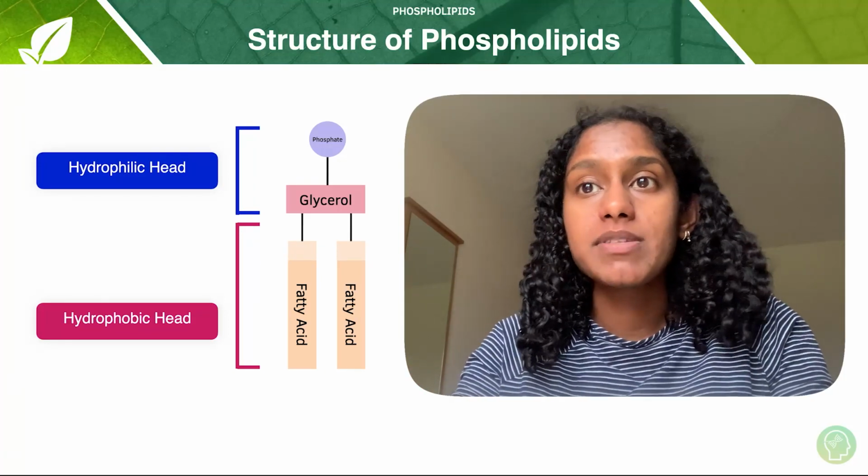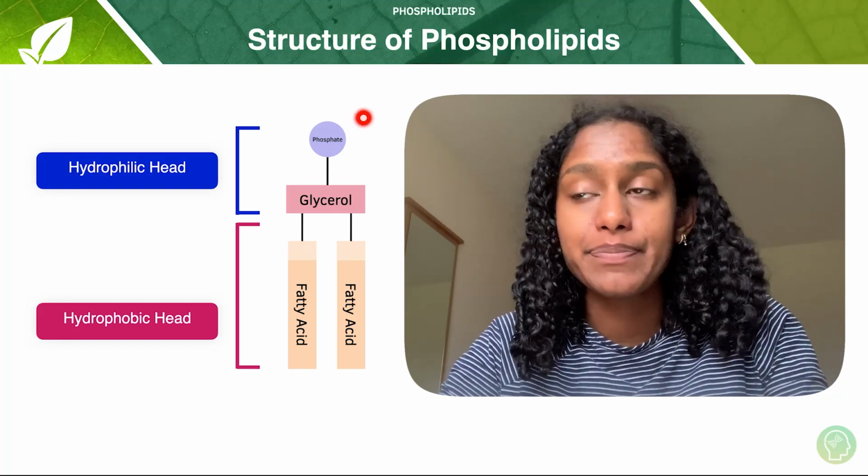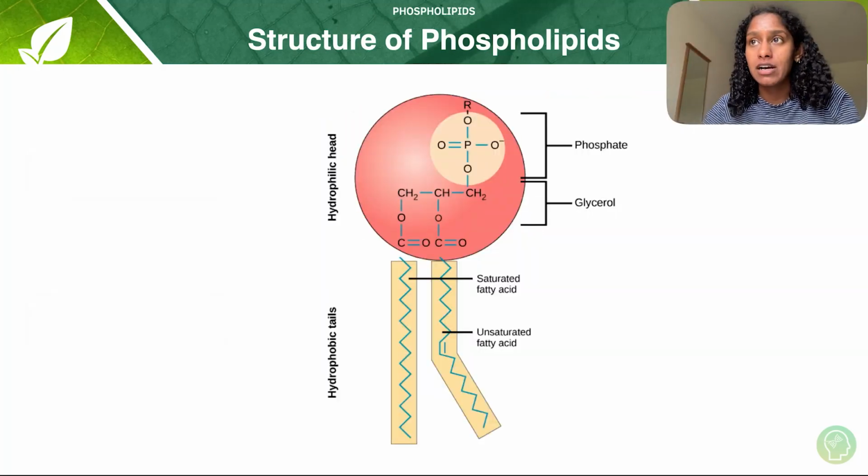So the phosphate groups can have extensions which contribute to unique properties. So here is a little bit more of a detailed diagram. So just to orientate you, this was our glycerol structure in the middle, our phosphate head, and our fatty acid tails, of which one is a saturated fatty acid and one is an unsaturated fatty acid.